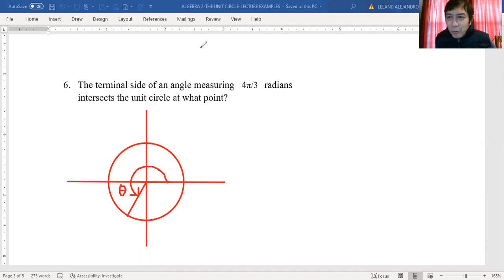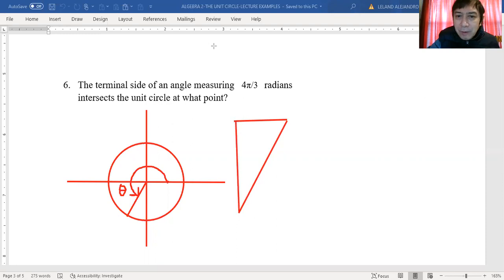Now we can do a reference triangle. The reference angle is, of course, 60 degrees, the difference of 240 and 180. It is the angular measurement between the terminal side and the x-axis, and that is 60 degrees. If you're going to draw your reference triangle, it will include a 60-degree angle like this.